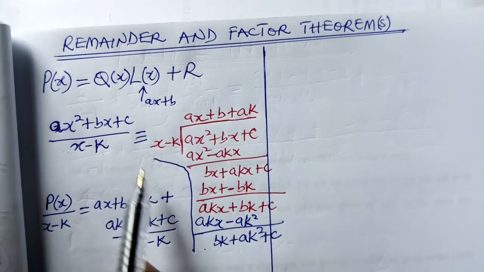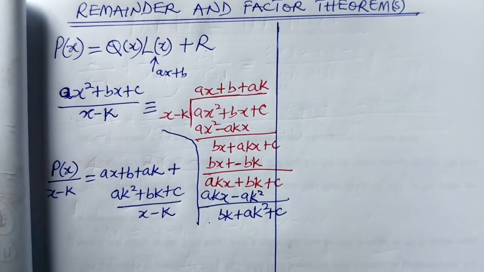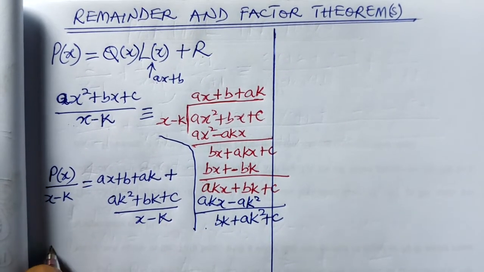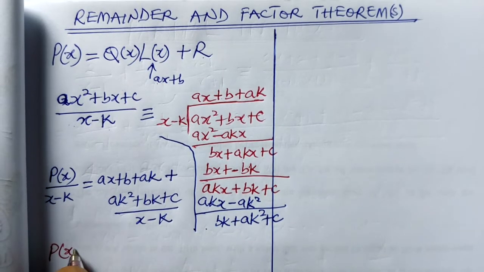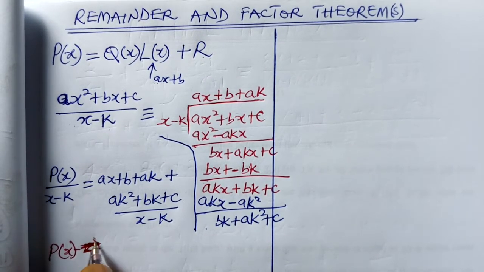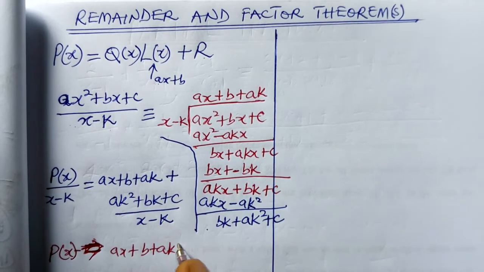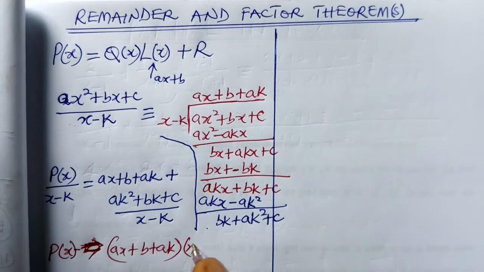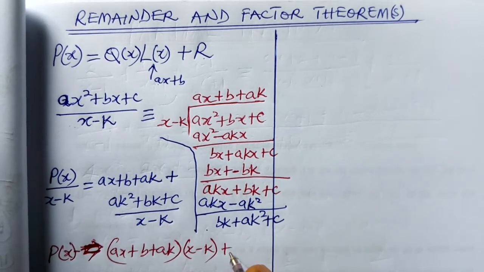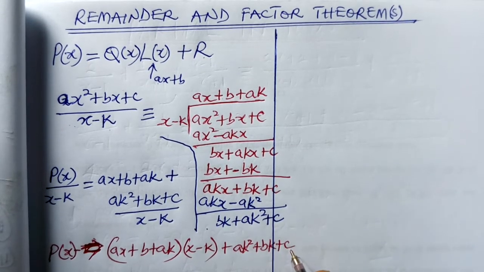So from here you can see that if we multiply it through by x minus k, p of x is equivalent to ax plus b times x minus k, plus the remainder, ak squared plus bk plus c.